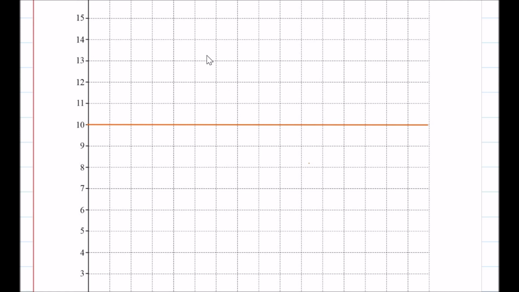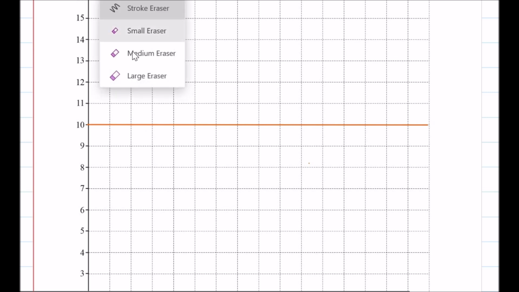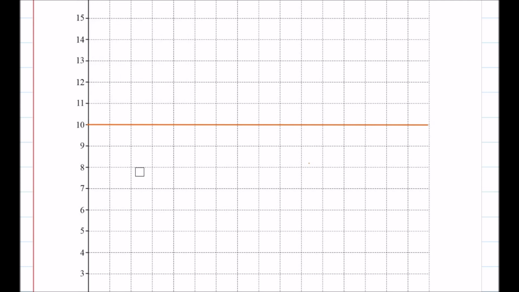But as we have less than 10, so what will we be doing? This line should not be a solid line. This should be a dashed line or dotted line.